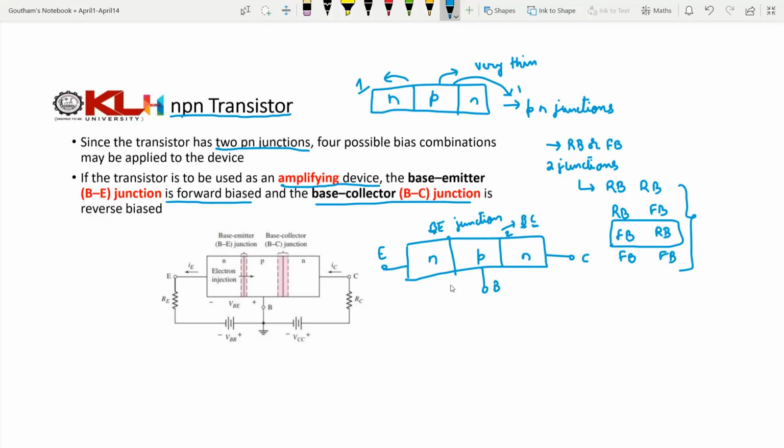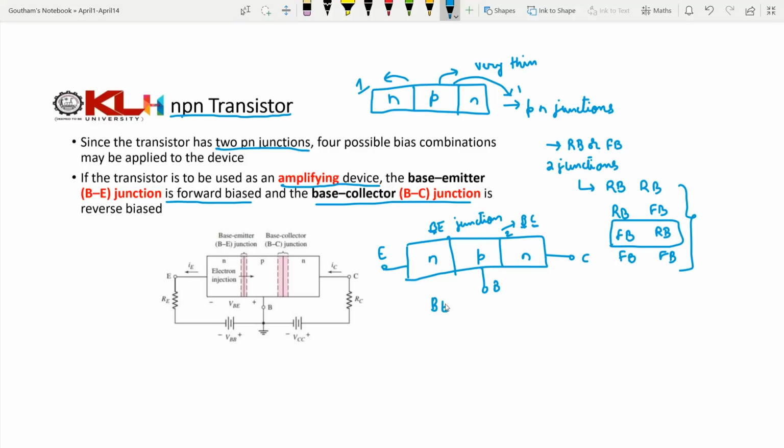So what is our bias combination of interest? We want the transistor to be acting as an amplifying device, and if it needs to be an amplifying device, what is the condition?